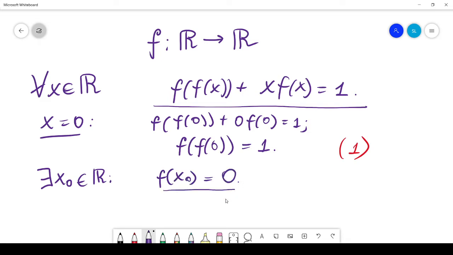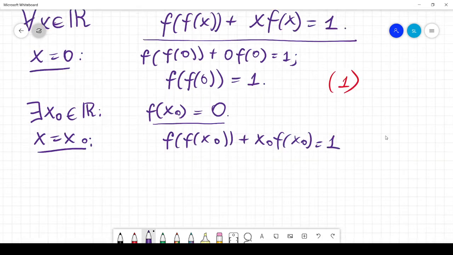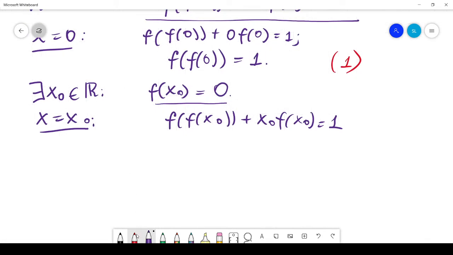So that is a zero of our function f. Then let's plug it in. When x equals x0, we have f of x0 plus x0 times f of x0 equals 1. Now this is 0, and this is also 0, so we have now 0 equals 1.